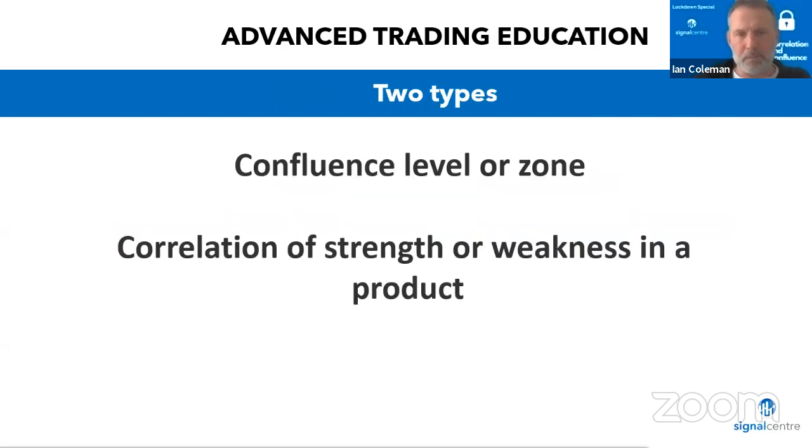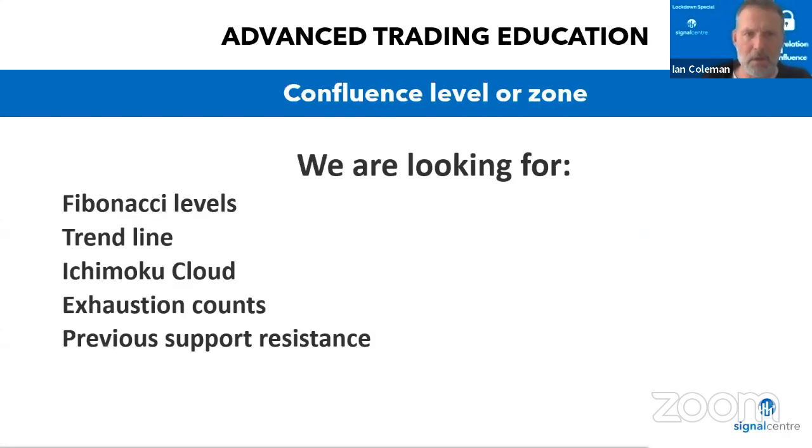So we're basically going to discuss two different subjects today. The first subject is confluence levels or zones, and the second subject is correlation of strength or weakness in a product. And when I say a product, like I was saying, it could be sterling dollar, it could be an index, it could be a commodity, etc. So confluence zones or levels, what are we looking for?